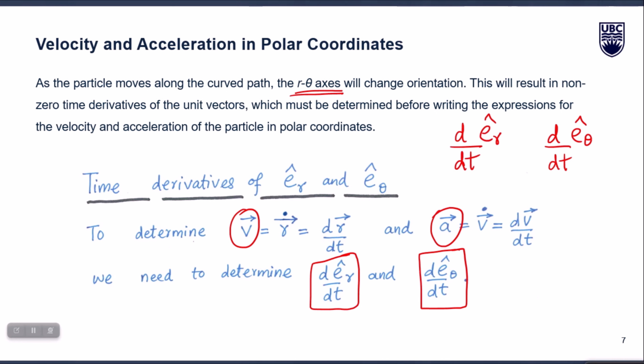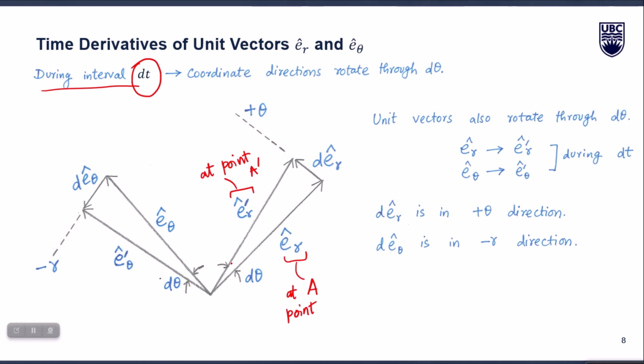So let's define an incremental, differential angle d theta, that is the angle with which this r direction rotated during the time dt. Obviously, if r rotated by an angle d theta, then in the same time dt, the corresponding perpendicular axis, the theta axis, also rotated by the same angle d theta, right?